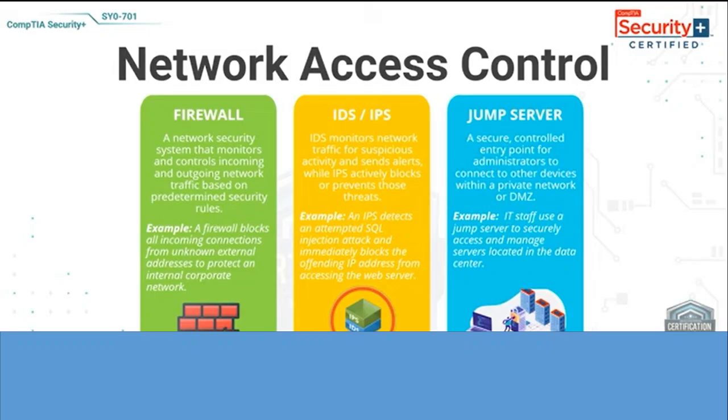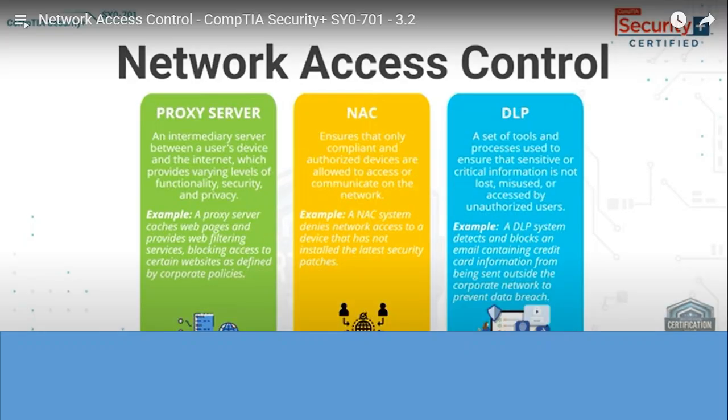So here we have multiple access control systems by which we can control the network traffic. The options we have are the proxy server, NAC, and DLP. We will discuss those also. What is the proxy server?